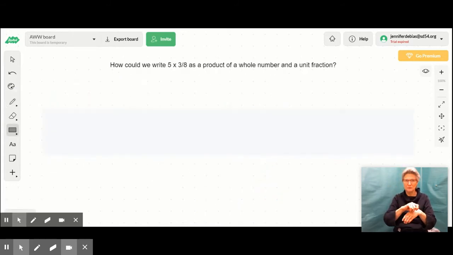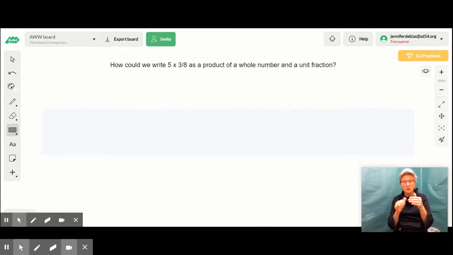So similar to the last problem we just solved about the baked ziti, we're going to look at 5 times 3/8, and we're going to try to write that as a product of a whole number and a unit fraction. So very similar to what we just did. So I'm going to think of 3/8 as the unit fraction of 1/8 times the whole number 3, right? Because within 3/8, there's 3 1/8 parts.